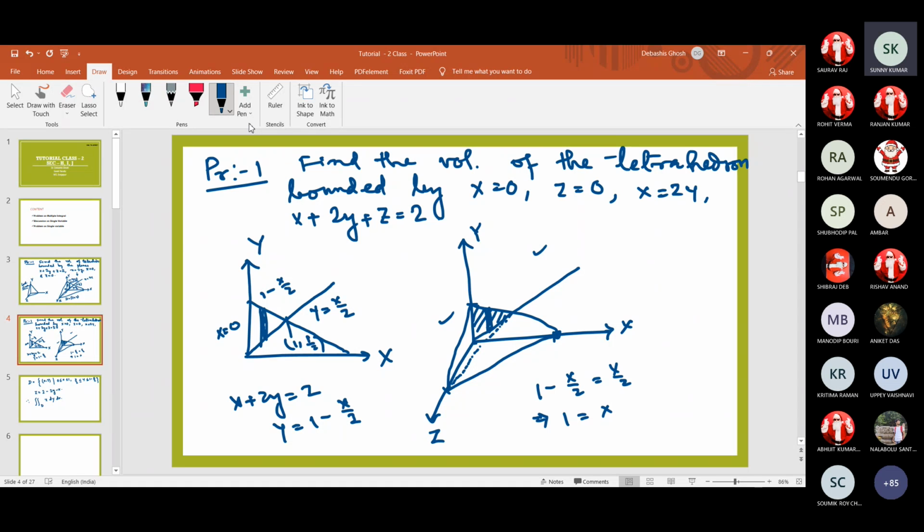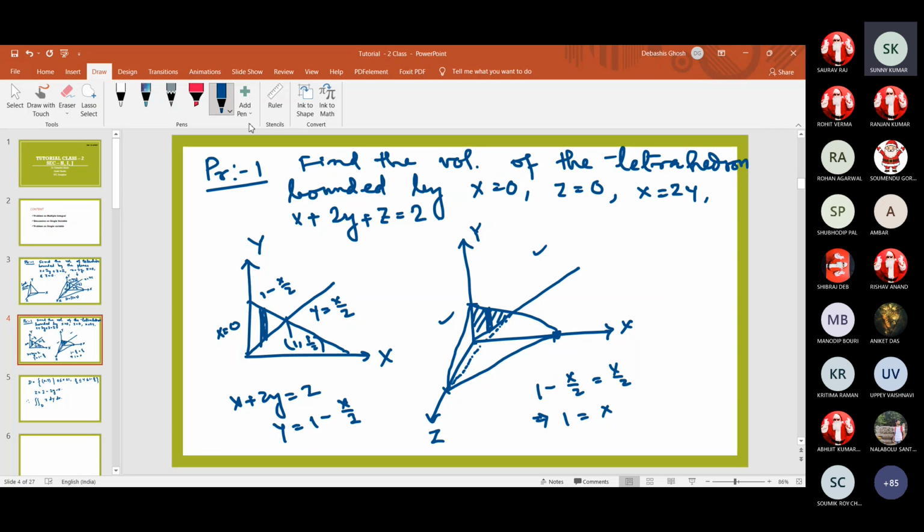If you integrate with respect to x first, you have to take a strip and divide the region into two portions, so it cannot be considered as a whole. That's why we integrate with respect to y first and then x, and we write dy dx.